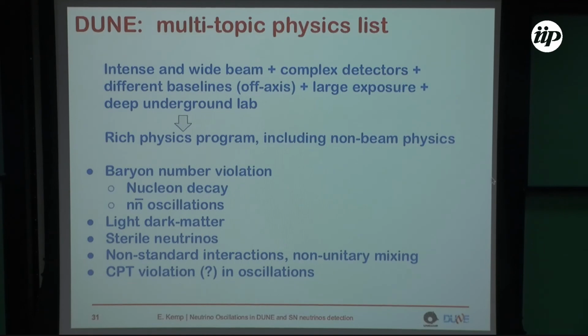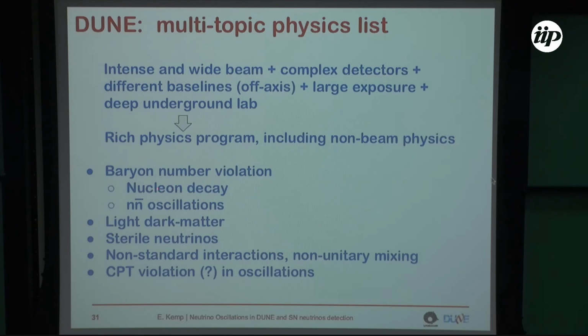And so, this is a list of other physics topics that can be studied by DUNE. DUNE is a complex of detectors with many abilities combined, and with the large exposure and the place being deeply underground, it gives you a rich physics program, including non-beam physics, not only the neutrinos from the beam.